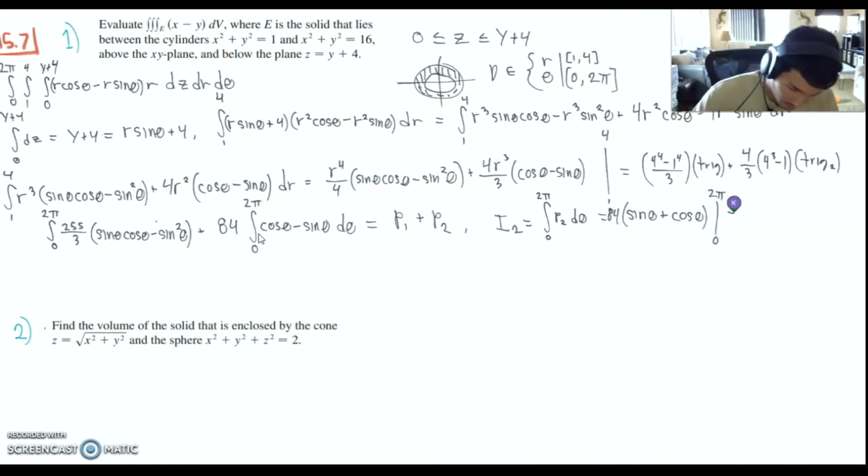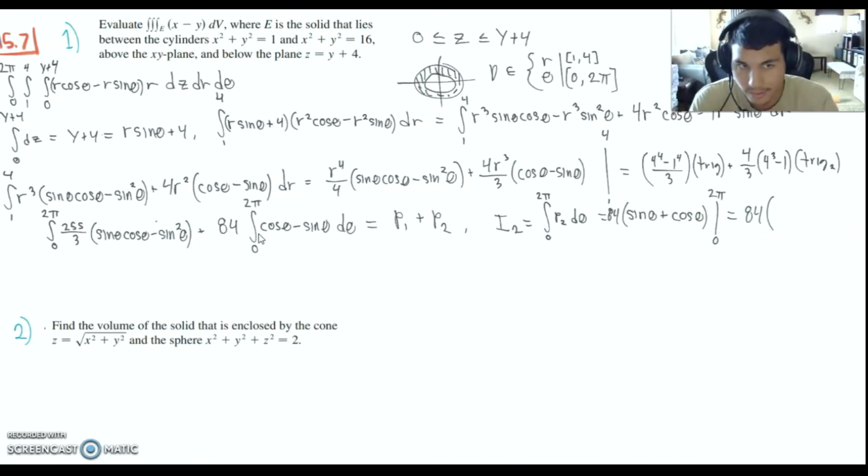Okay, so sine theta at 2 pi and 0 is always going to be 0. So we only actually have to think about cosine. Cosine of 2 pi is 1. Cosine of 0 is 1.